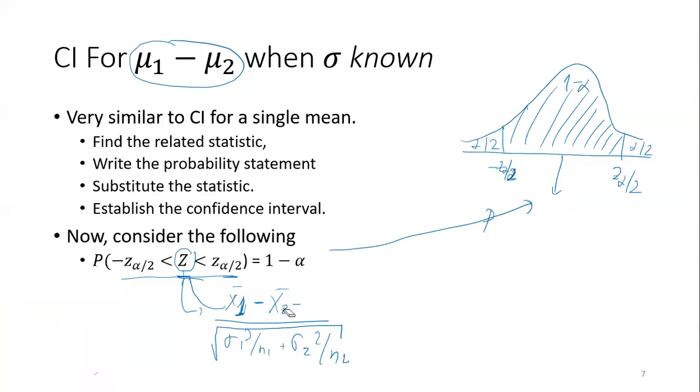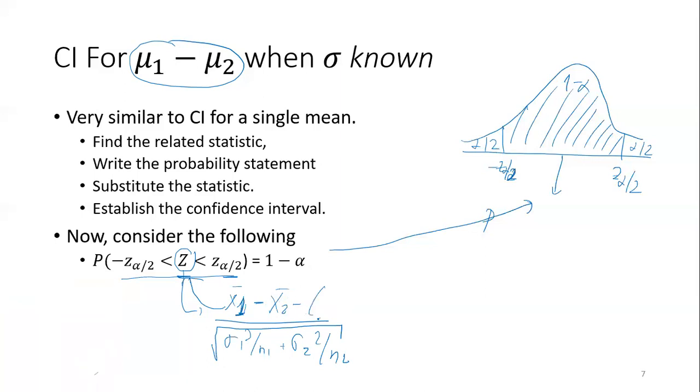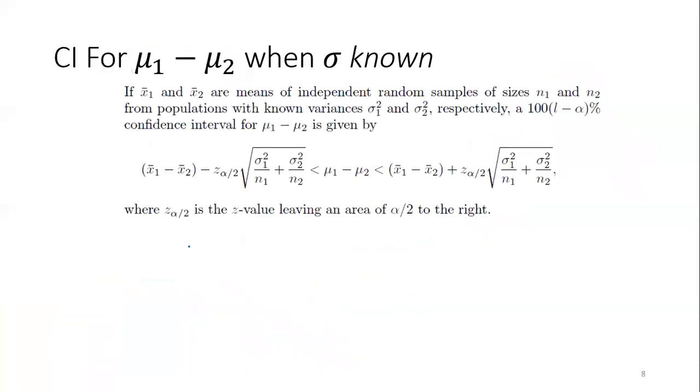Let me write the original one, mu1 minus mu2, because now we are not doing the hypothesis test, but dealing with the confidence interval. After plugging this whole fraction into z and doing some algebra, it turns out that the difference between the unknown parameters, mu1 and mu2, is given by this interval.